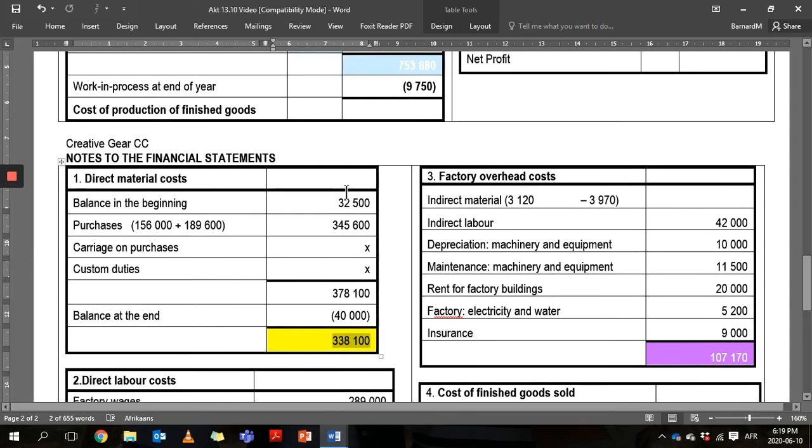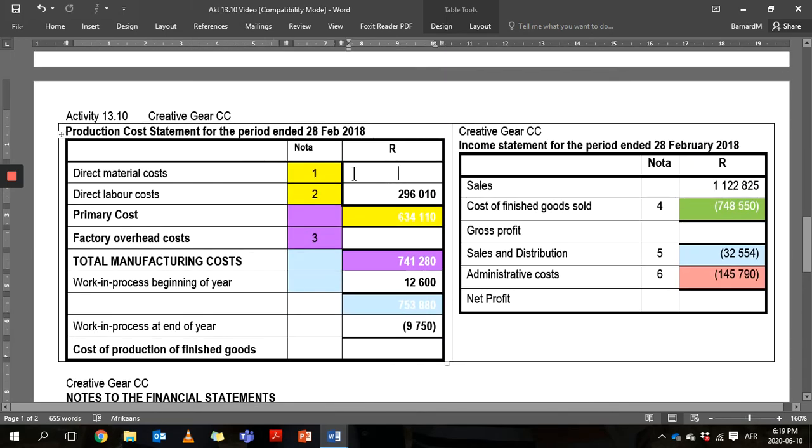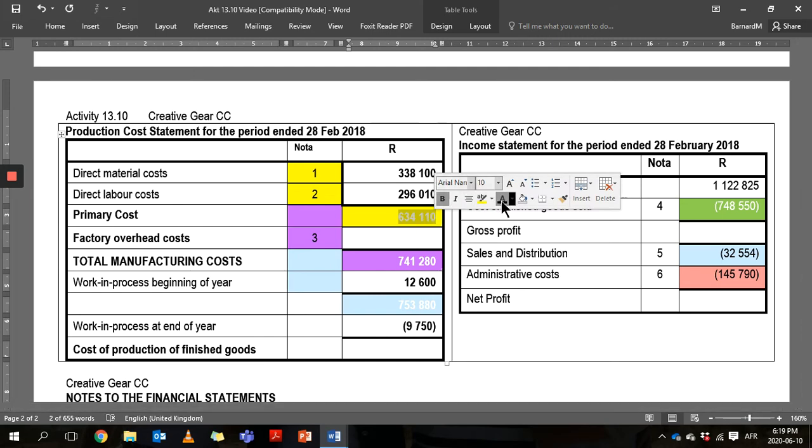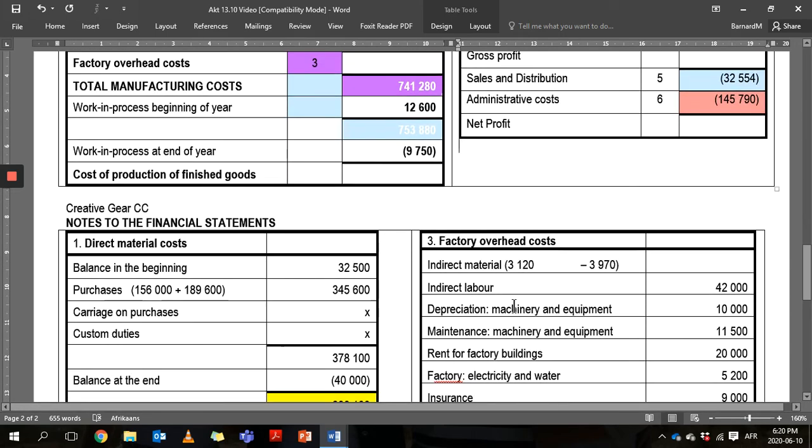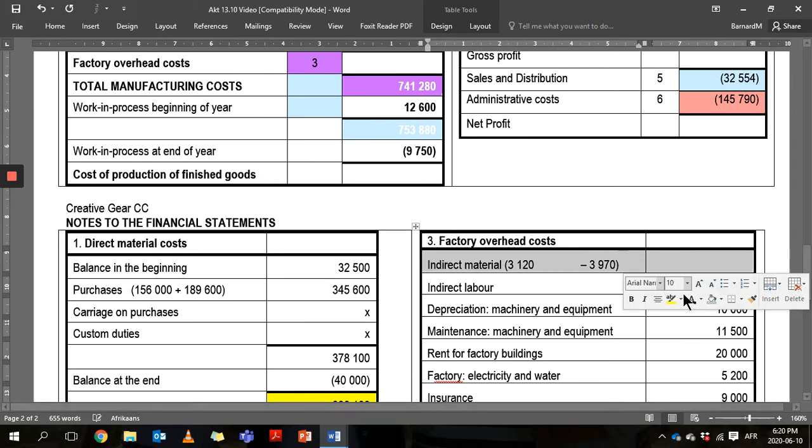And that amount then goes to my production cost statement. I can then also add up those two, which will then give me a total of 634,110. Then I go to the second bullet, which says indirect material was bought for 10,320. So that I can then add here to my indirect material.